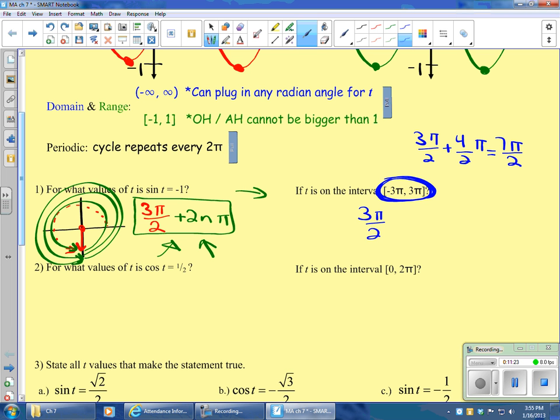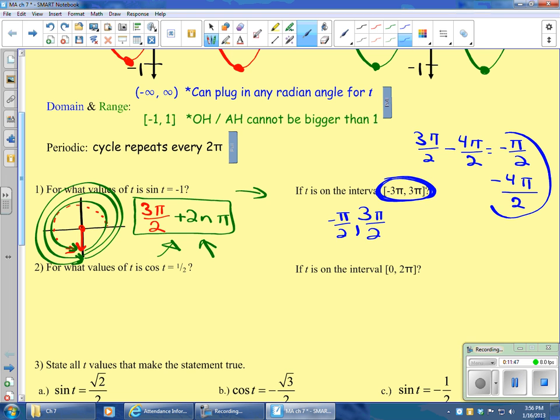So going plus was too much. So instead, I'm going to switch and go minus. So I'll try to minus 4 halves, 4 pi over 2. Let's rewrite that. That'll give me negative pi over 2. That is within the range, so I'll write it down. But I've got to see if there's more. So then I'll minus off another 4 pi over 2.